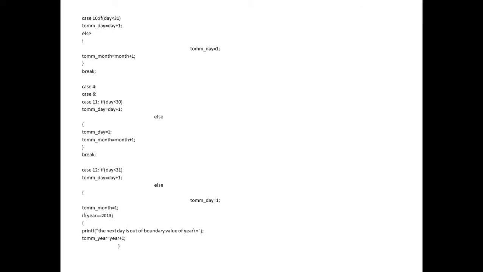So for months which have only 30 days, if the date is 30, for the next date it has to reset both date and month. Likewise, if the month is December, it has to reset the year also. So if it is 2012, then it has to reset the year to 2013.